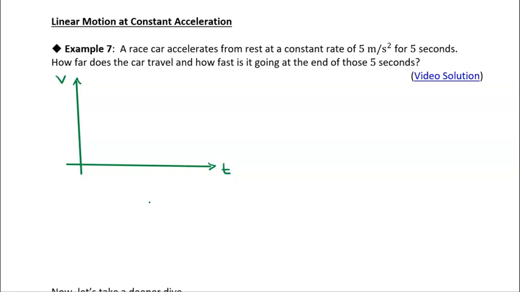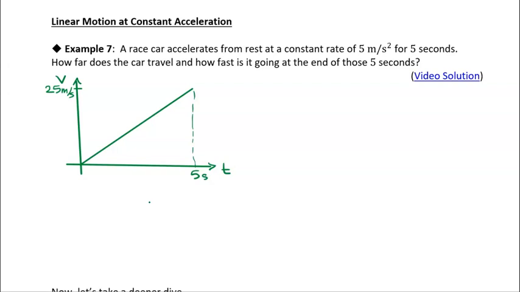It starts from rest, so the velocity starts at 0, and increases at a constant rate, 5 meters per second every second. So at the end of 5 seconds, we're going to be going 25 meters per second. This is seconds down here.